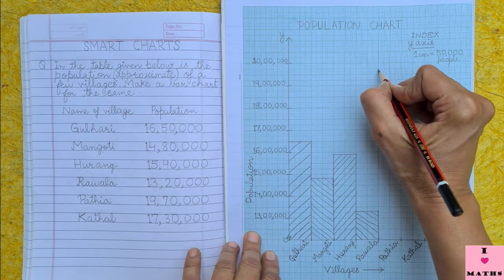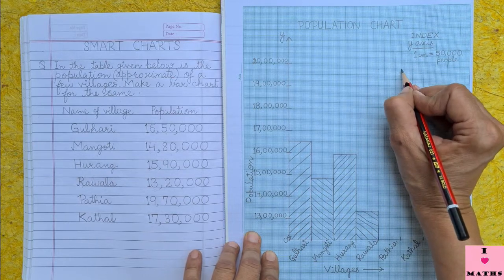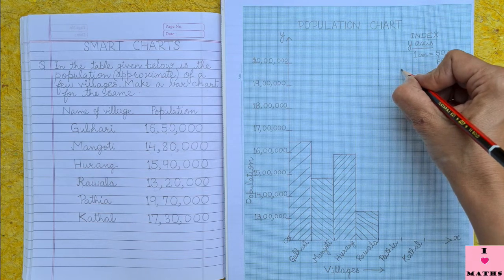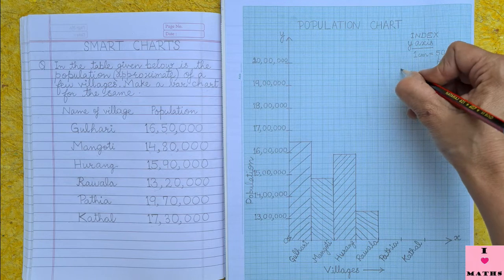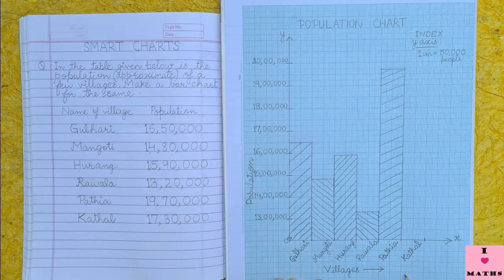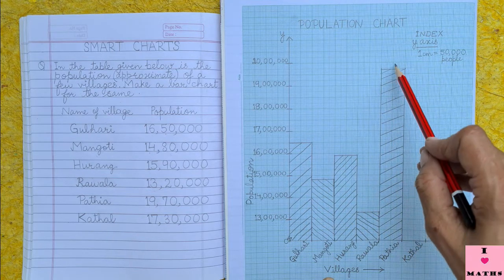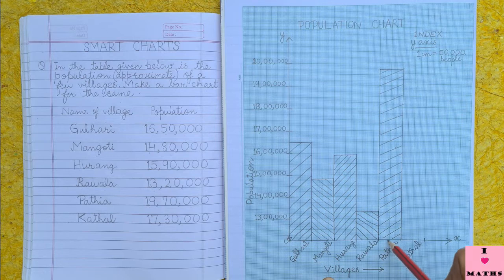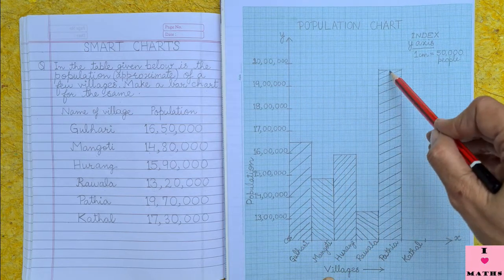So we will mark a point here and a point here. So this is 19 lakh 70,000. I will draw it and show you what kind of bar I have drawn. Now look at Pathia. I have drawn the bar. This bar denotes that the population of Pathia is 19 lakh 70,000.